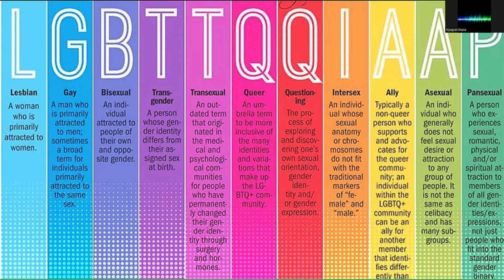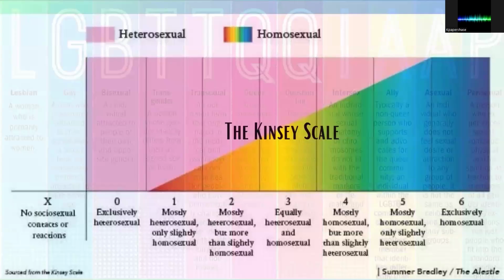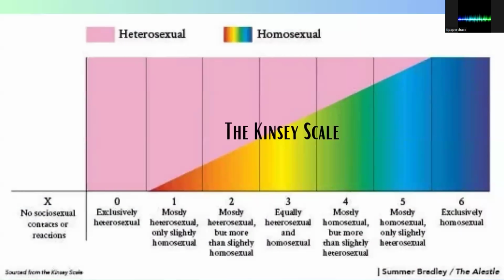Queer is just a term that could mean anybody that falls under this umbrella. If you're questioning, you don't really have a term yet, you don't identify with anything, but you're trying to find out. Intersex is an individual whose sexual anatomy or chromosomes do not fit with the traditional markers of female and male.